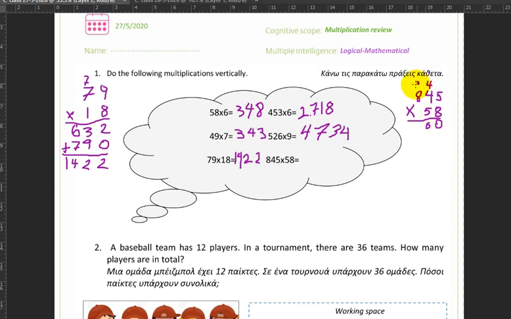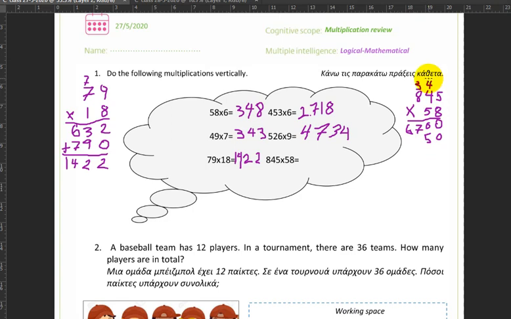All right, 6 and carry 3. 8 times 8 makes 64, plus 3 that I carried over makes 67. Put a 0 beneath the ones, and then we do 5 times 5 makes 25.